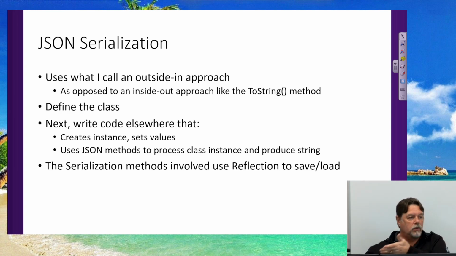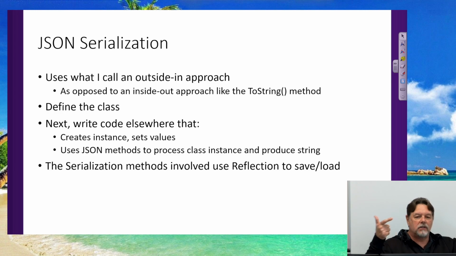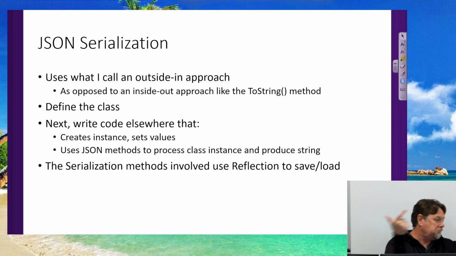That's what toString does. But an outside-in approach is more like your main function says, I've got this instance of this customer object. I'm going to call this serializer, and it's going to take that object and pull all the data out of the object and create the JavaScript Object Notation text.